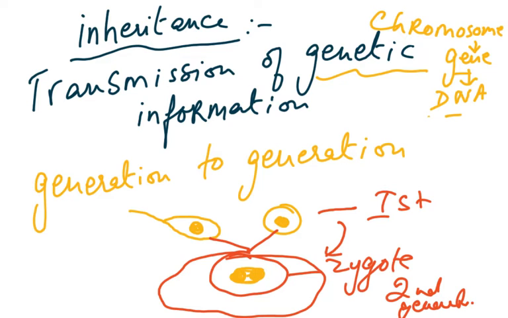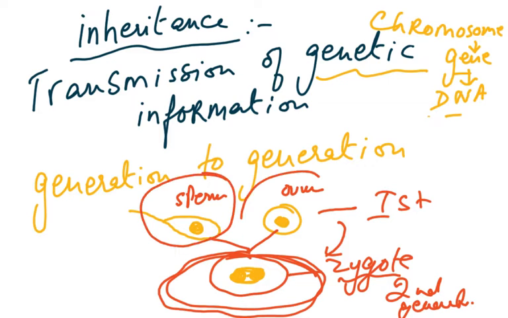So this would be the sperm, this would be the ovum, that would fuse to form the zygote. Now from the zygote develops another human being. So these are the first human beings, and now this is another generation. So the children from that couple will now have the genetic information from the parents.